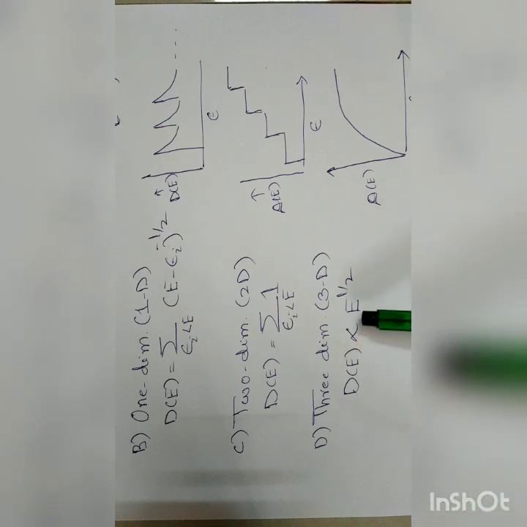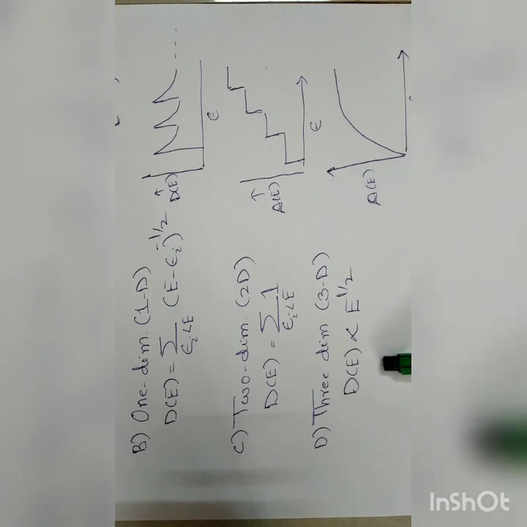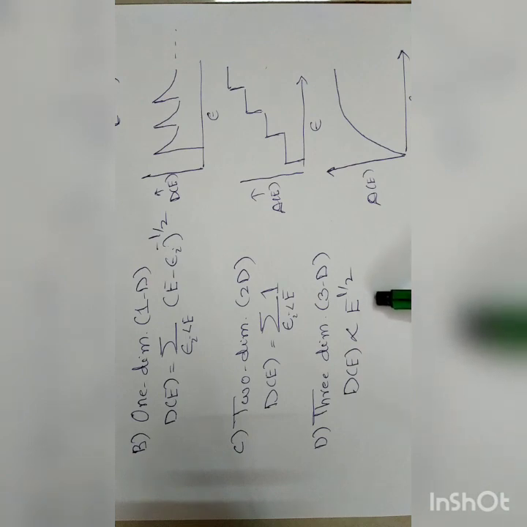Finally, the three-dimensional case we write as 3D. The density of states can be estimated for bulk material. The density of states for that is proportional to E raised to 1 upon 2 with other factors. What is important for us is how it depends on energy. If you plot density of states as a function of energy for bulk material, this is how it goes.